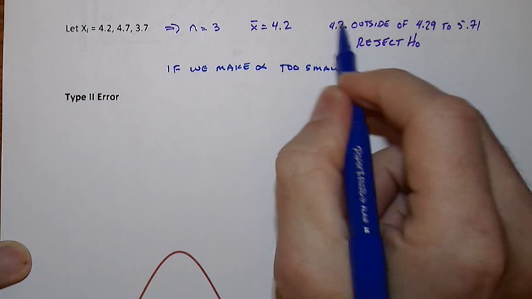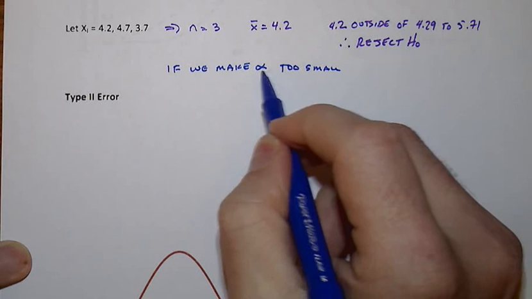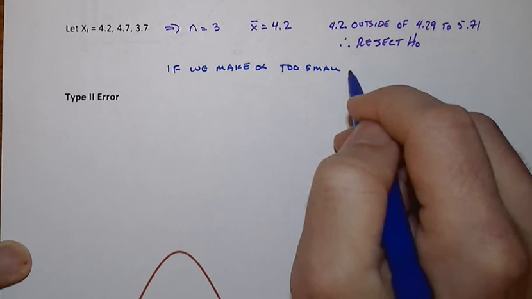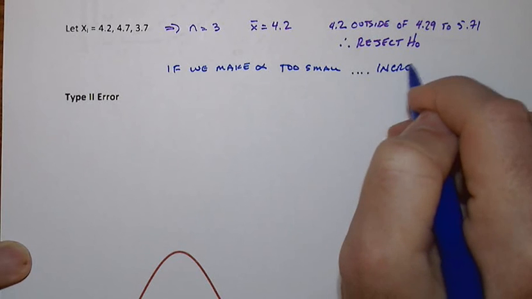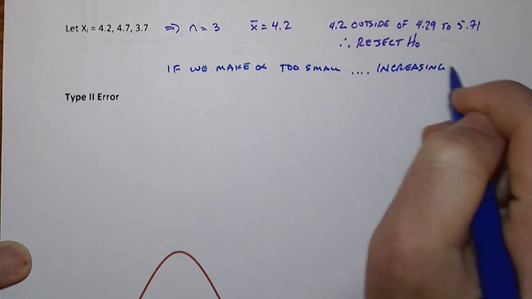So we could actually get the 4.2 in there if we do that. But if we make alpha too small, we end up increasing beta.